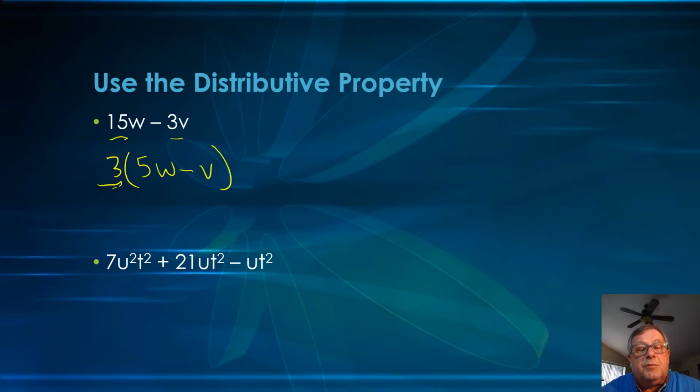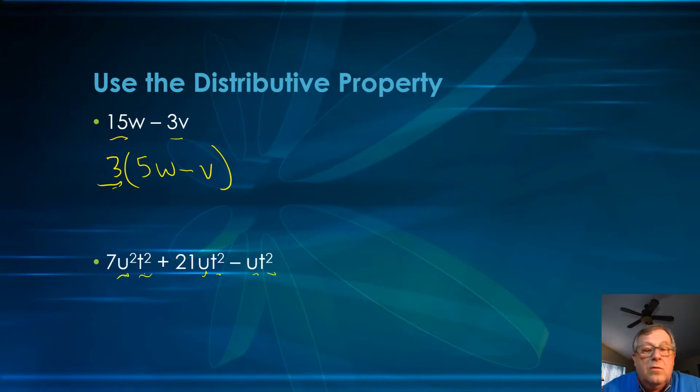Well, I can't factor out an integer because I've got 7 and 21 and just 1, that 1 in ut squared. So I don't have anything to factor out there. And then I've got a u squared t squared. All three of these terms have at least a u in them. And all three of these terms have a t in them.